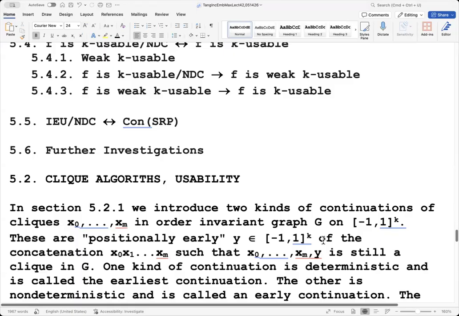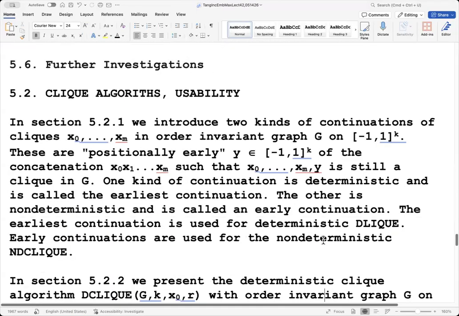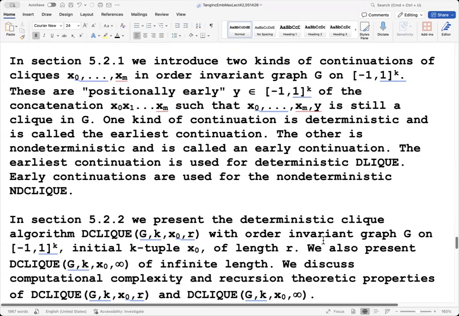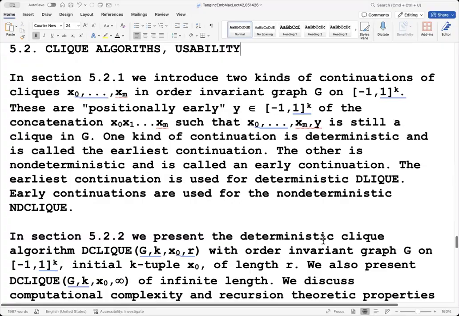Okay, so let's talk about these clique algorithms, how that works. What does it look like? In the first section of this section 5.2, i.e. 5.2.1, we introduced two kinds of continuations. So we're trying to build long cliques with some properties.